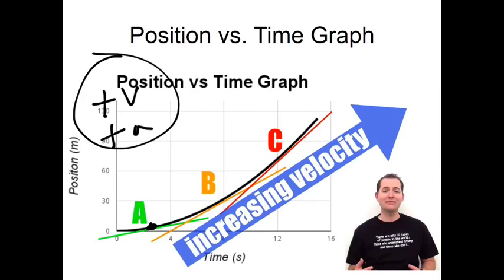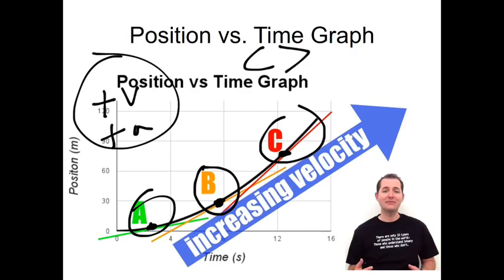Well, let's say we want to know the exact velocity at point B, right in here. We draw in a tangent line. We find the slope of that tangent line. The velocity here is faster than it is here. The yellow line is steeper than the green line. Let's move on to point C. Again, draw in a tangent line. Find the slope of that line. Get an instantaneous velocity.